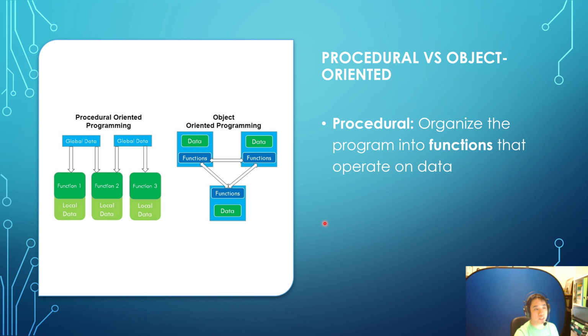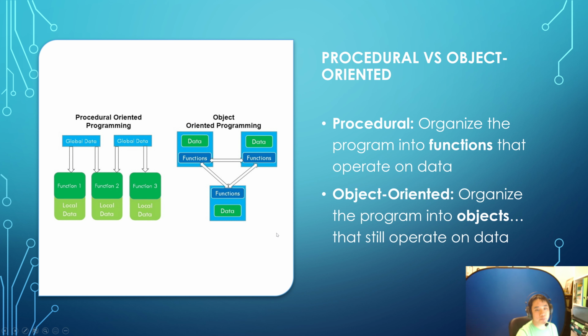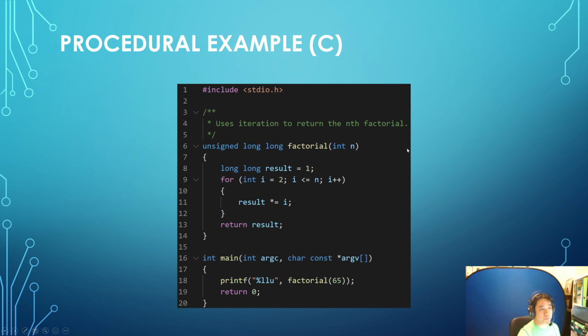And that's how we achieve functionality, just like how we do the same thing by splitting the program into functions and calling them. So that is object-oriented programming, which is to organize the program into objects, but they still operate on the data we pass. So as long as we give them inputs, they should be able to do something with it, assuming that it works.